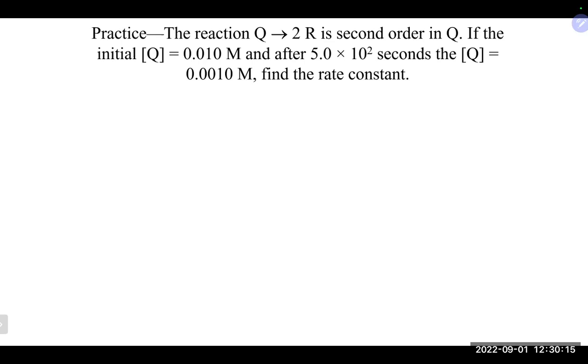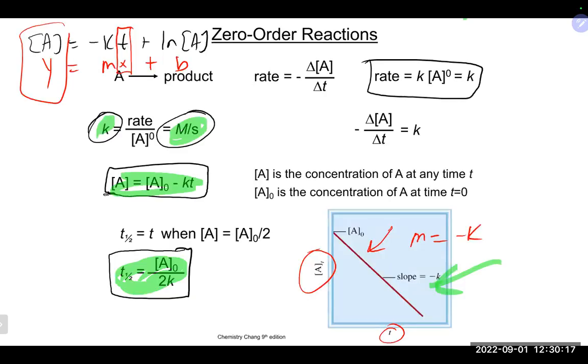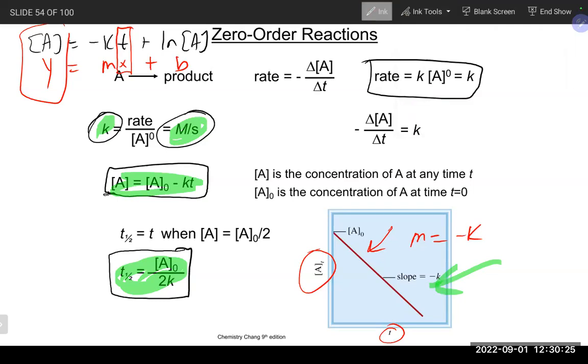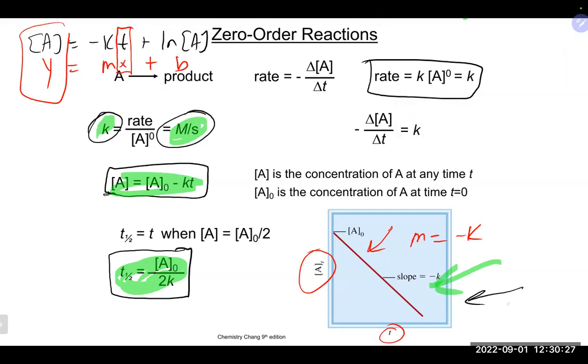Okay, before we do, let me think about one thing before we move too far away from zero order. Speaking of the graph in terms of zero order here, we did see this graph earlier, if you remember. We saw the same thing graphed, which was concentration versus time.